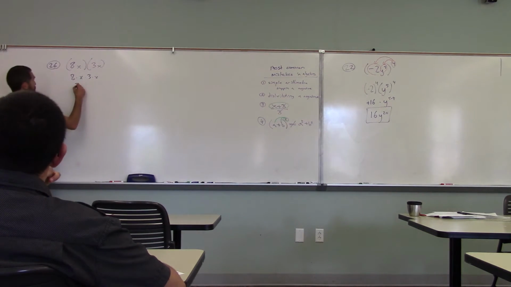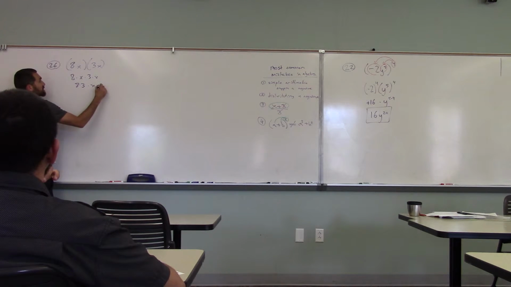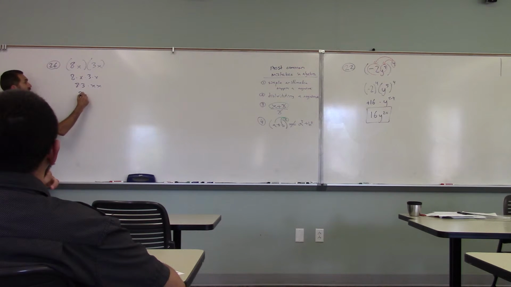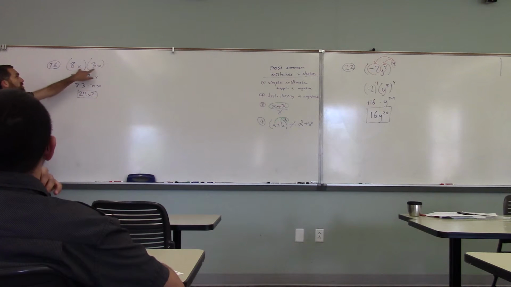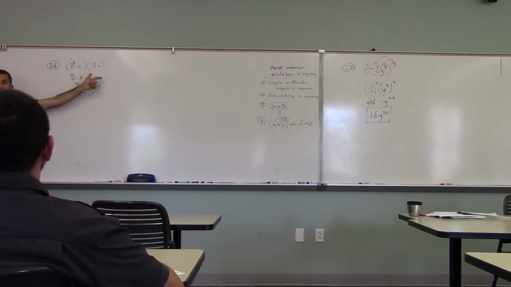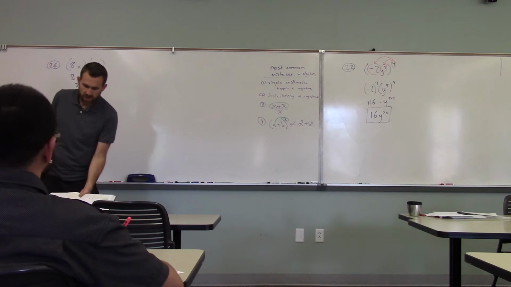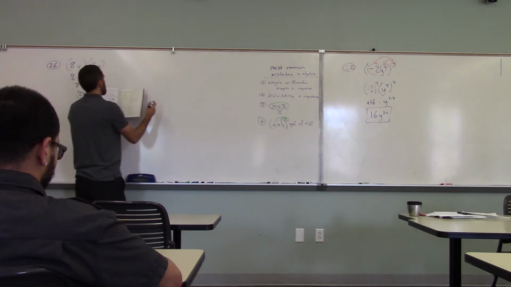Yeah, we just rearrange and do the numbers first. So 8 times 3 and x times x, so it's 24x squared, that's it. We multiply the numbers together and the x's together. These don't even have to be like terms. That was a great question that somebody in my last class asked.